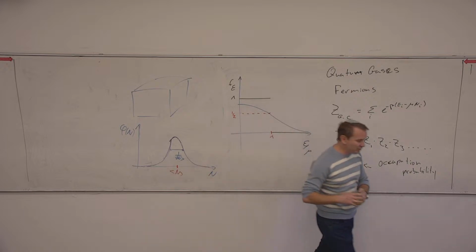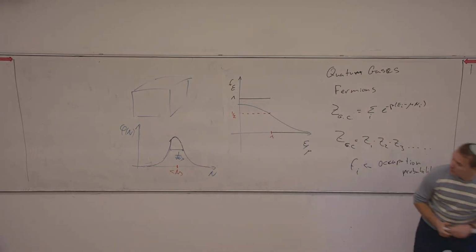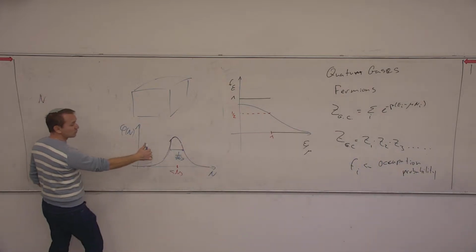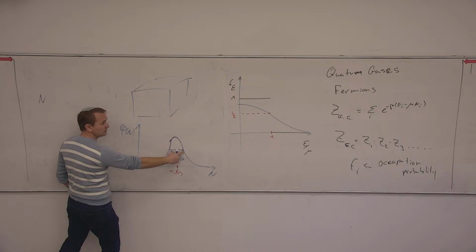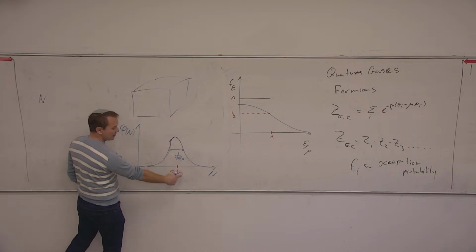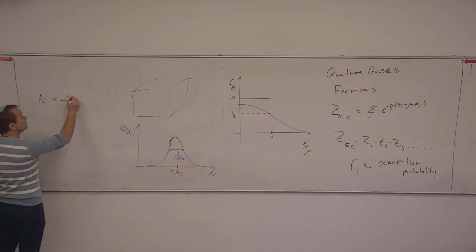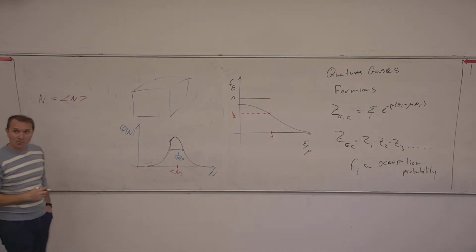I'm going to assume that the number of particles, because I'm controlling the environment and because I'm assuming that this distribution is narrow compared to the number of particles, is a constant function. Okay.